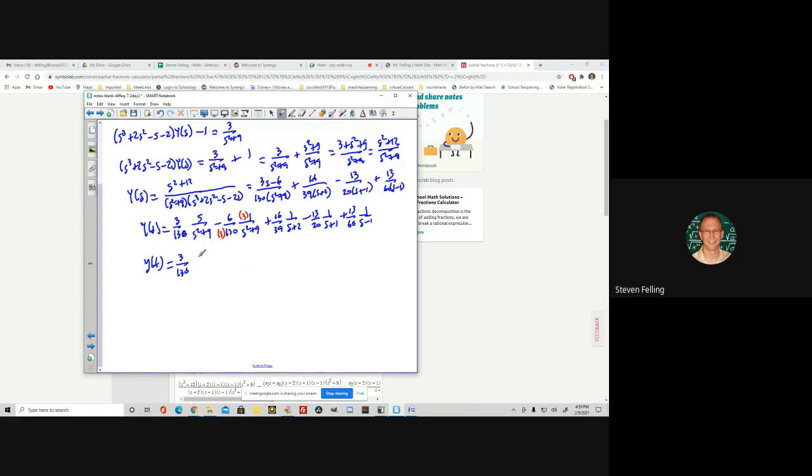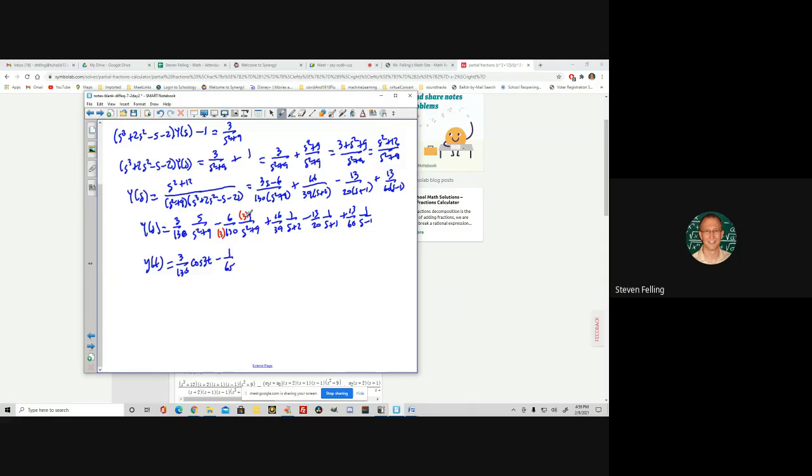Looking that up in the table, 9 is 3 squared, so it's cosine of 3t. And this 6 and this 3 will combine to become a 2 over 130, which is the same as, well, let's just do that in a calculator. 6 divided by 3, but then divided by 130. The simplest way to write that fraction is 1 over 65. Is that right? I have a 6 there? Yeah. Okay, so 1 over 65.